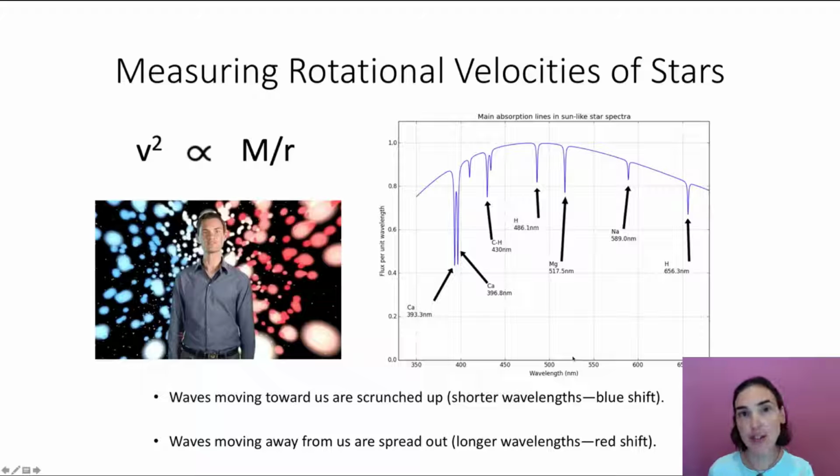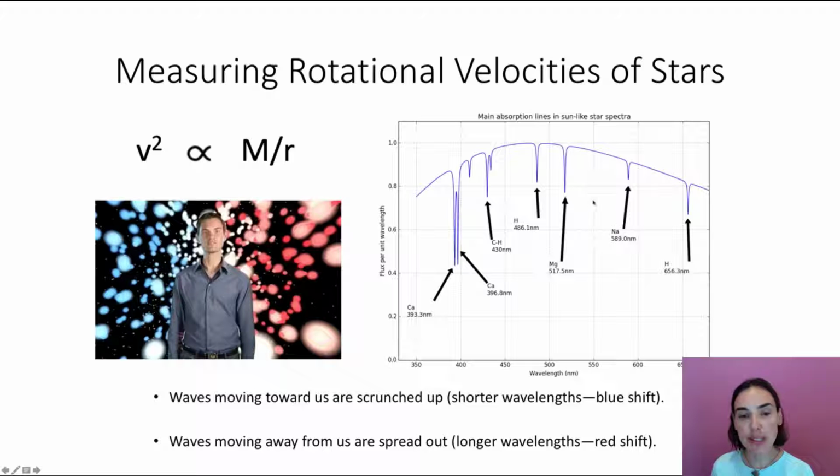The way we figure out the velocity of the star is by measuring light coming from that star. A star's elements absorb particular wavelengths of light, so when we measure the light as a function of wavelength, there are little bites taken out at very specific wavelengths.